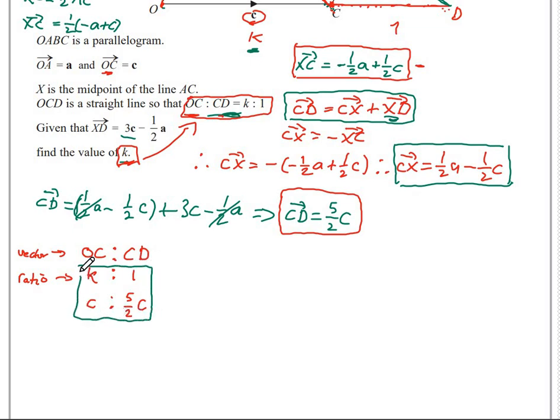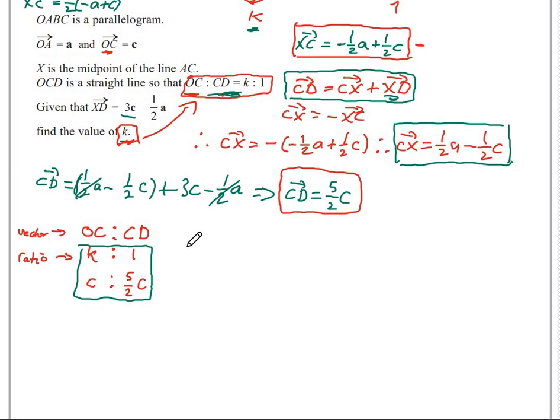Alright, so normally for me to find K, if this was a normal ratio problem, I would say something like K over 1 equals C over 5 over 2 C. And then I would cancel that out, and then we'll cross multiply.